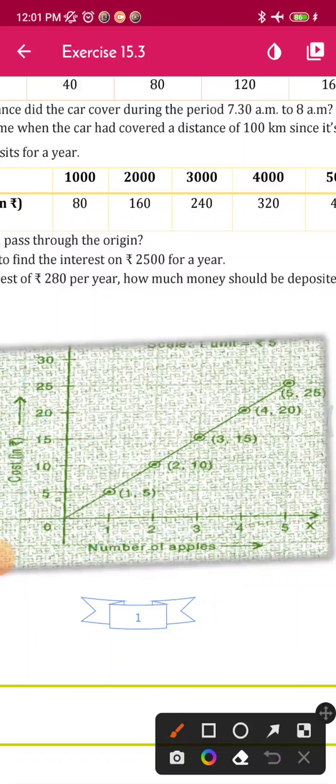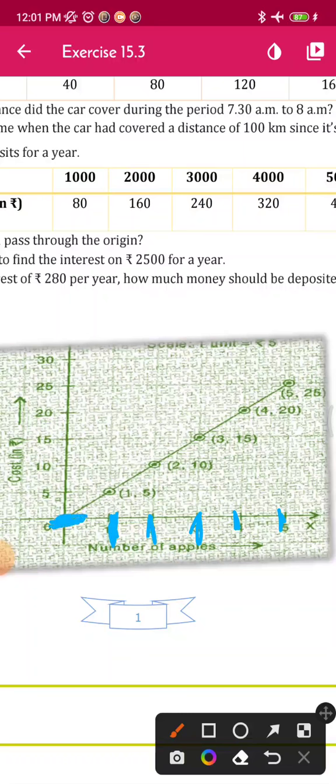Now see here carefully. In every one box I am writing 1 in the first box, then 2, 3, 4, 5 and so on. But here I am writing 0 because this is the origin of the graph.